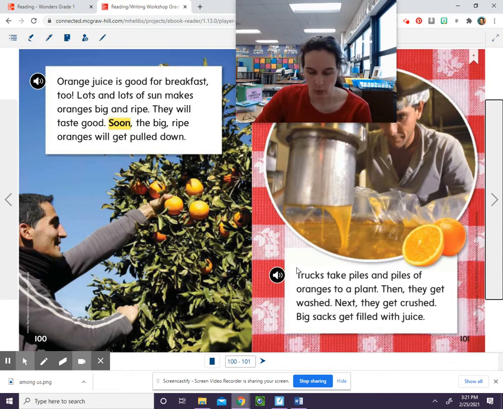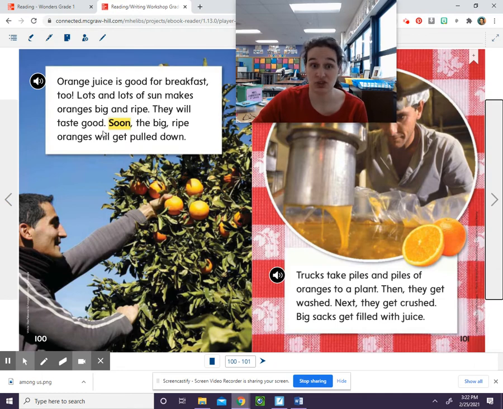So I'm going to model how we can do this writing about oranges versus orange juice. Which one would you rather have? So we're going to use evidence from here and here to help decide which we would rather have. So let's go ahead and we'll reread it. It says, orange juice is good for breakfast too. Lots and lots of sun makes oranges big and ripe.